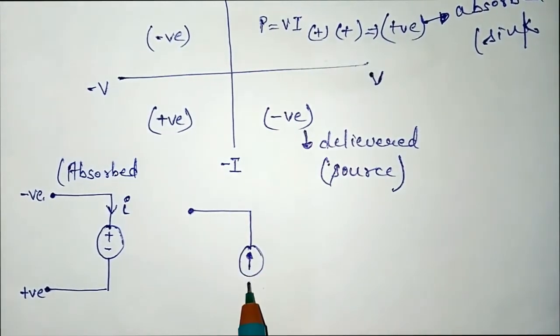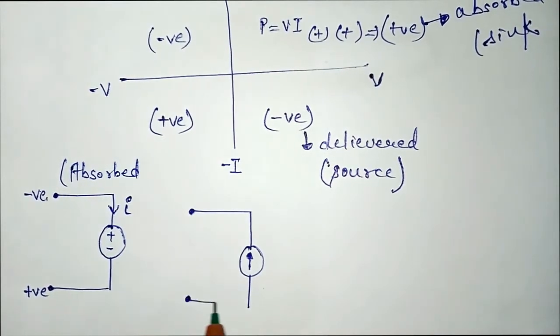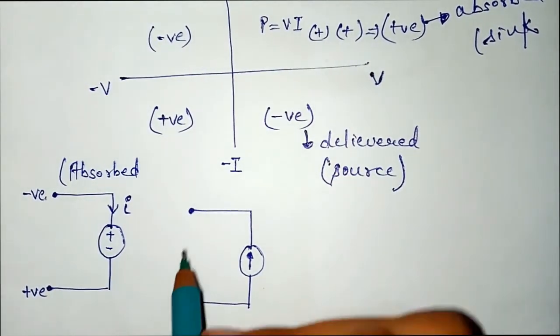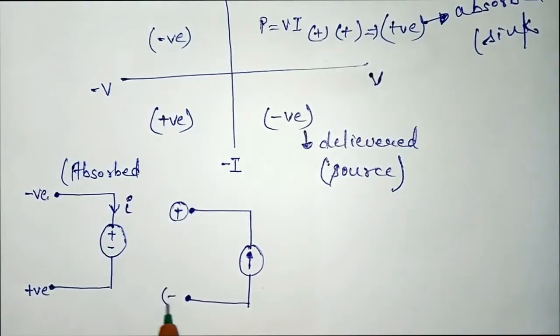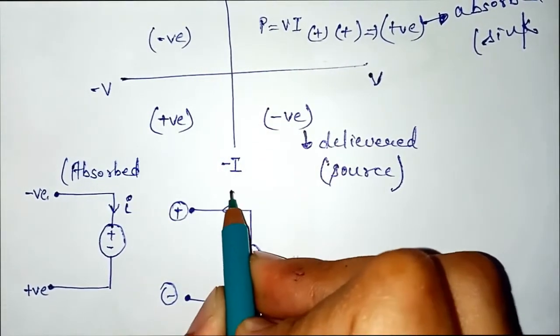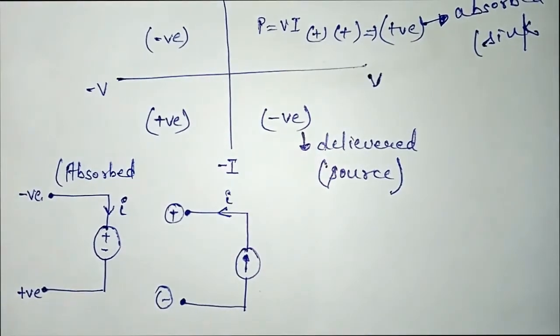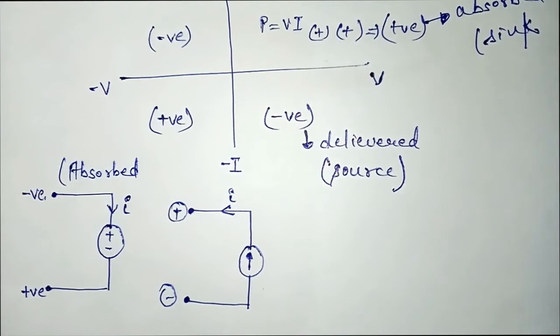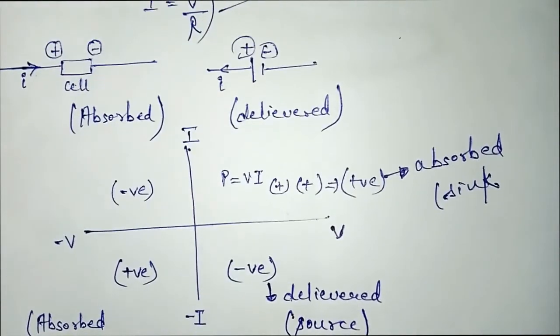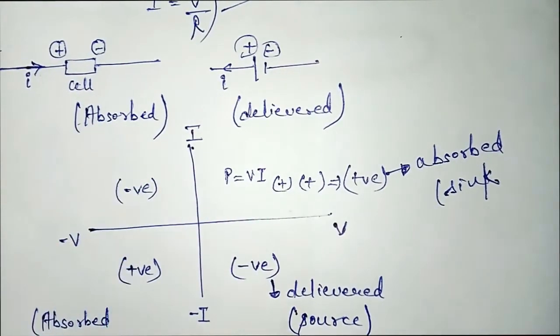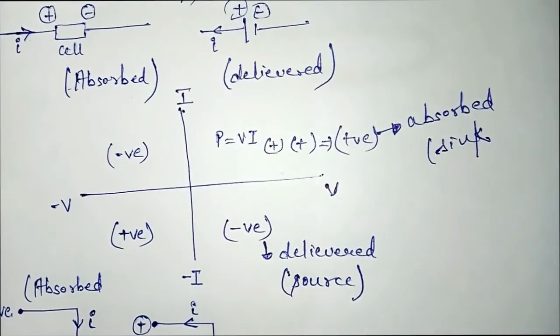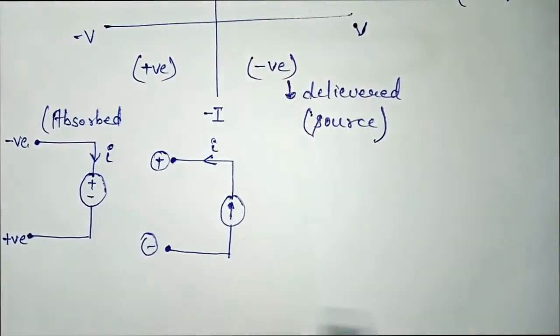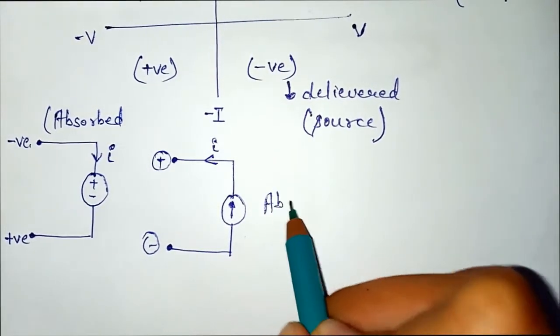Here, a current source is present. In a voltage source, you can easily define it. Here, you see that the current is entering into the positive terminal. Then you say that power is absorbed, and you also say that in this circuit, the power is absorbed.